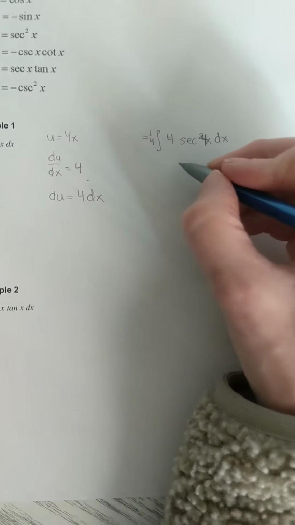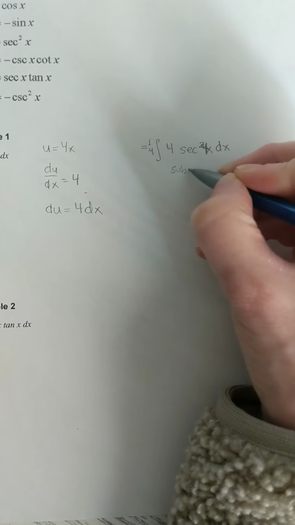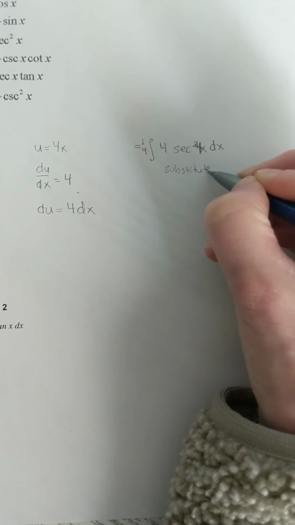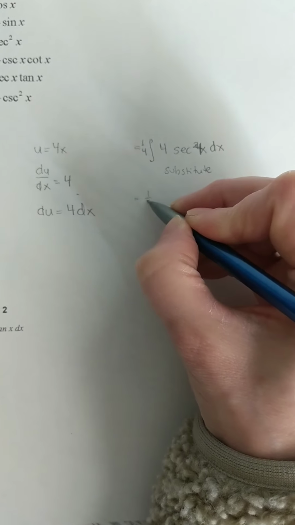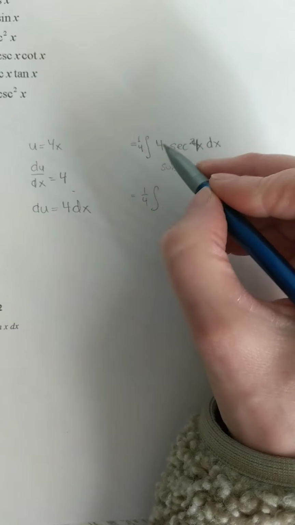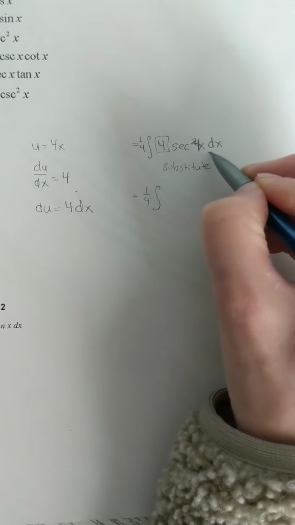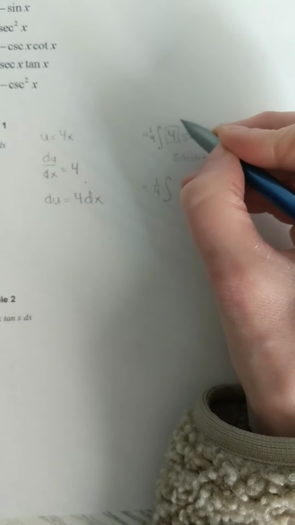And now I will substitute with u. So I get 1/4 the integral. I know that 4 dx is the same as du, and that 4x is u. So I have 1/4 the integral of secant squared of u du.